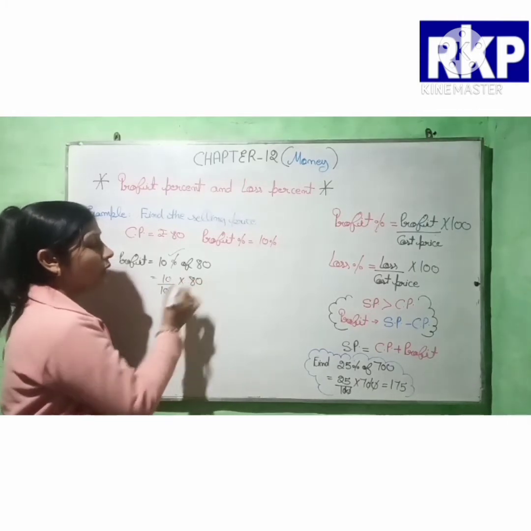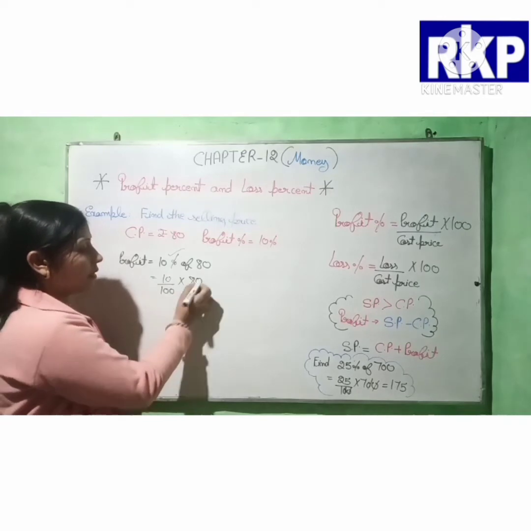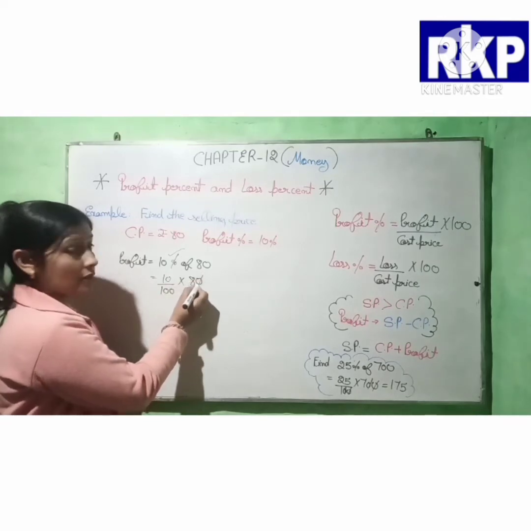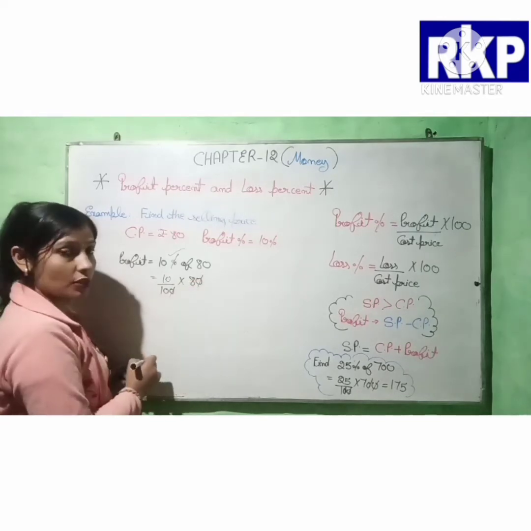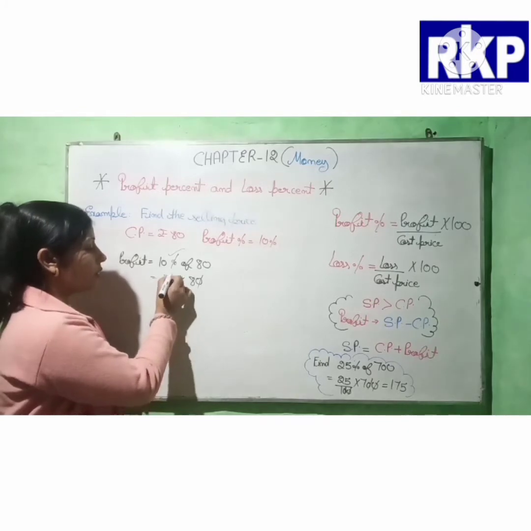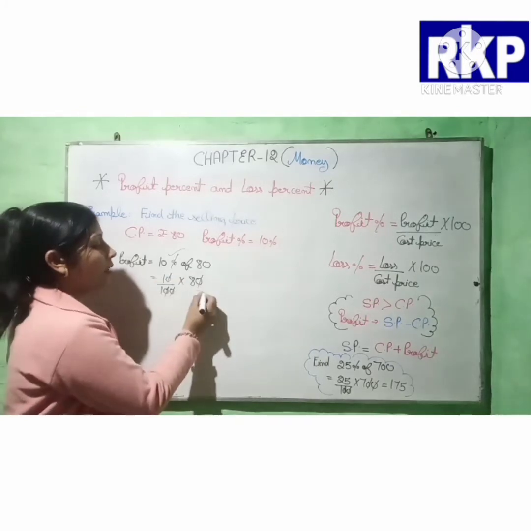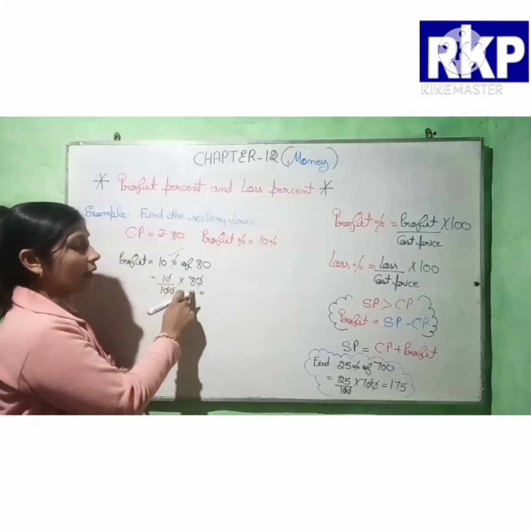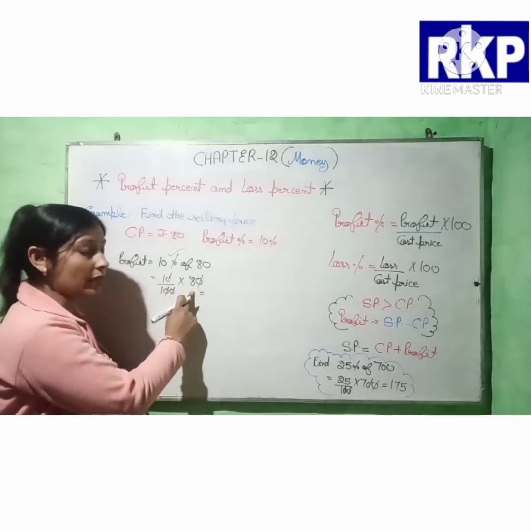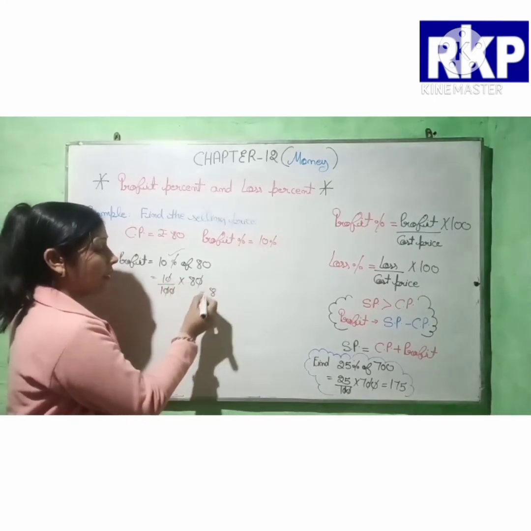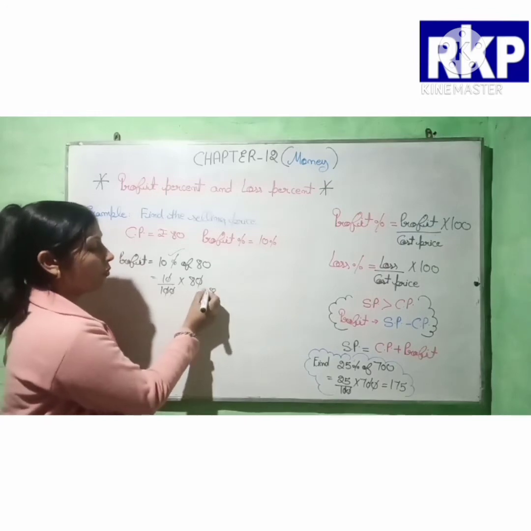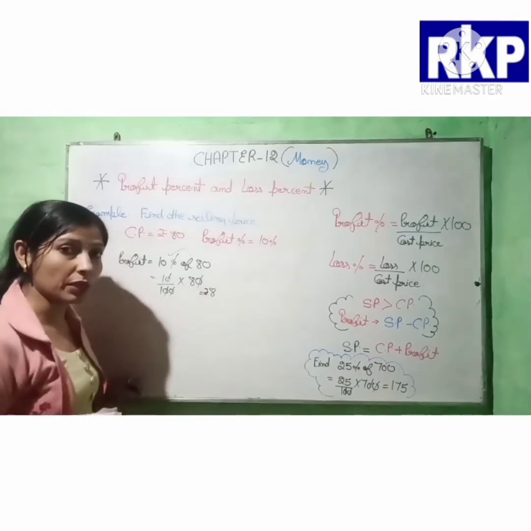And now we have to write 80. And here we can cancel this 0 with this last 0, and this 0 with this last 0. Now we have only 1 and here 8 as numerator. So 1 8s are 8. So profit will be 8 rupees.